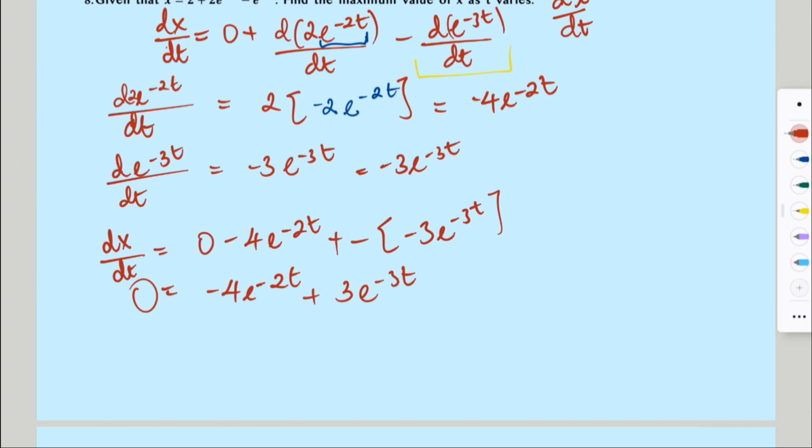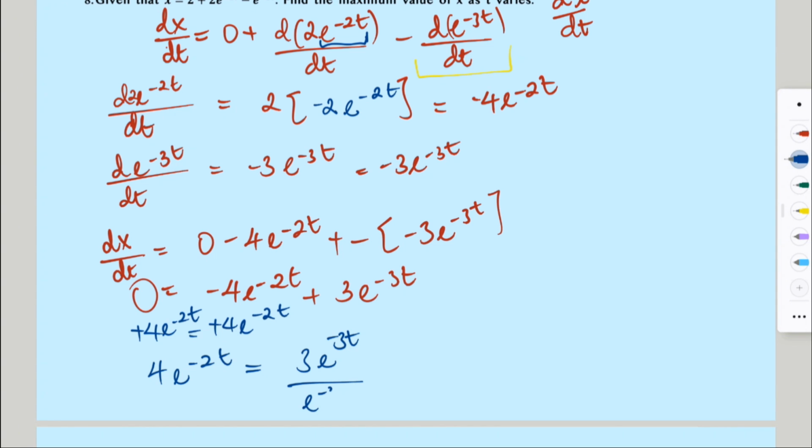So now I'm just going to add 4e to the power negative 2t on both sides, so that we have 4e to the power minus 2t equals 3e to the power negative 3t, pardon me, this is supposed to be negative. Okay, simplify. So I would divide both sides by e to the power minus 3t because that's the smaller number.